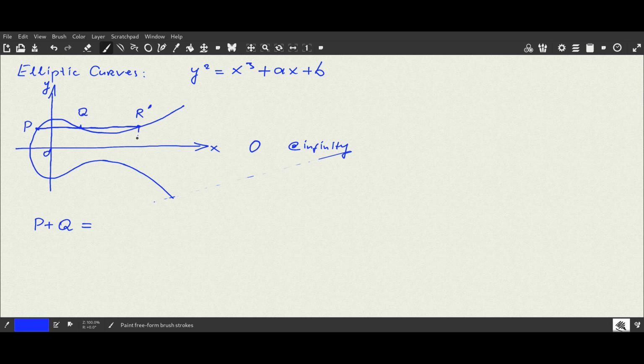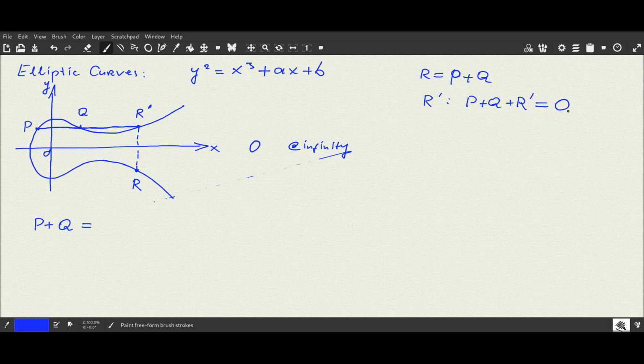And then we reflect, taking the symmetric point with respect to R prime, which is R. So basically R is P plus Q, whereas R prime is such that P plus Q plus R prime is assumed to be 0, where 0 actually means infinity.